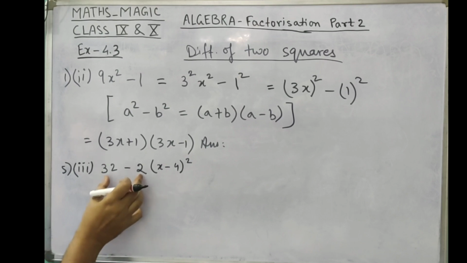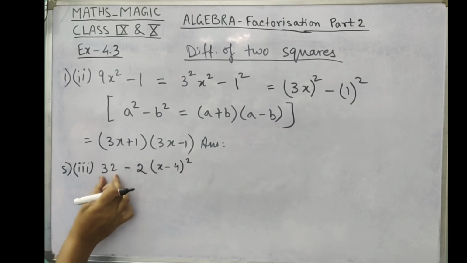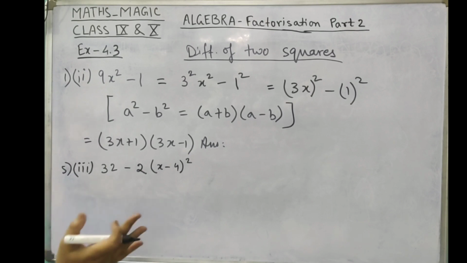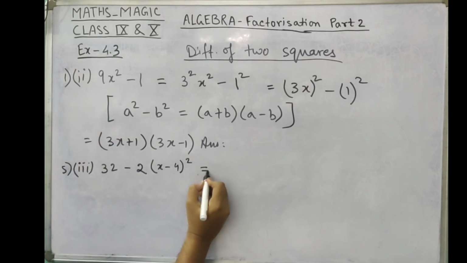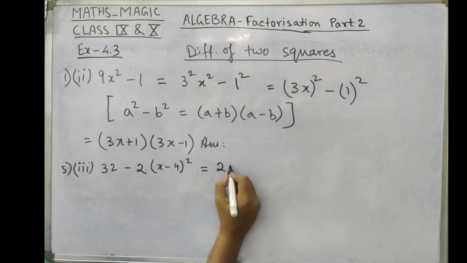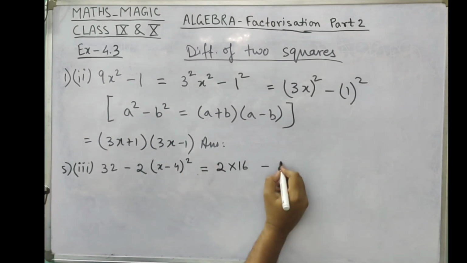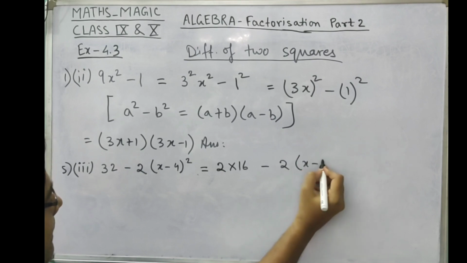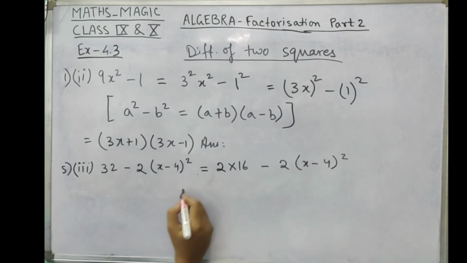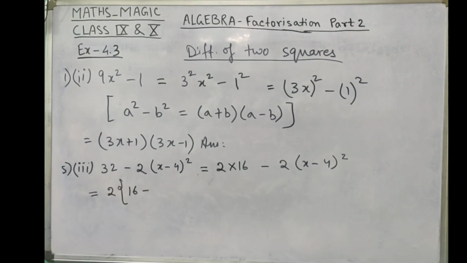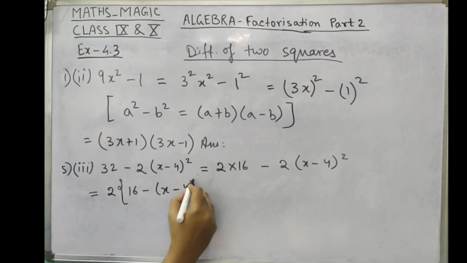I'll take 2 out as a common factor. So 2 into 16 minus 2 into x minus 4 whole square. We have taken 2 common from here, so I'm left with 16, and 2 out from here, I'm left with x minus 4 whole square.